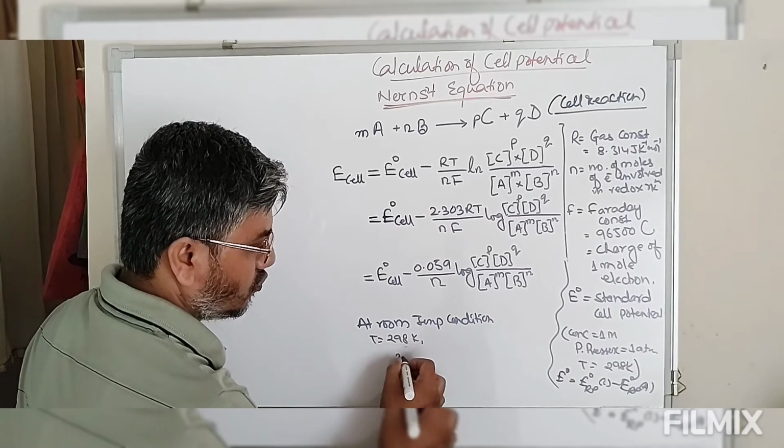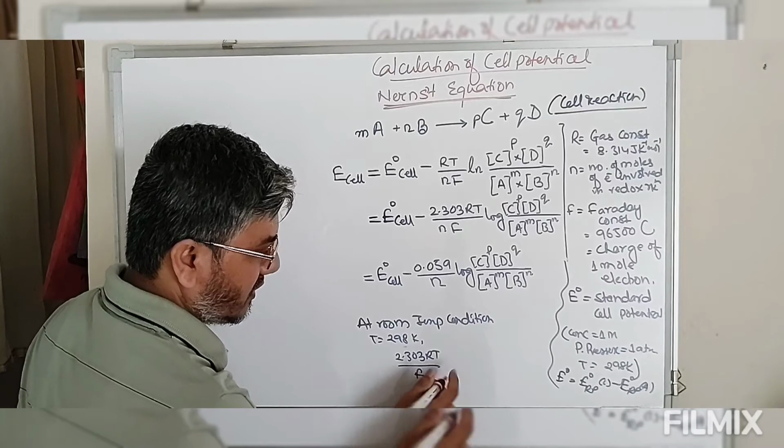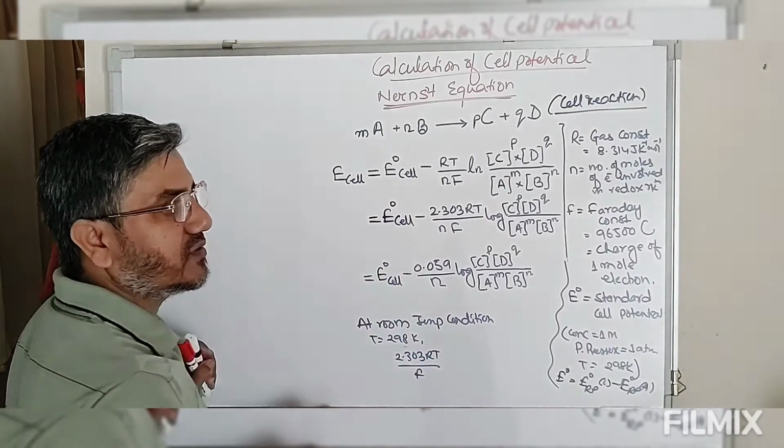So 2.303 RT by F, where R is a constant, 8.314.